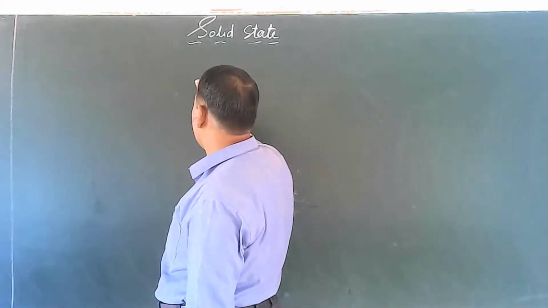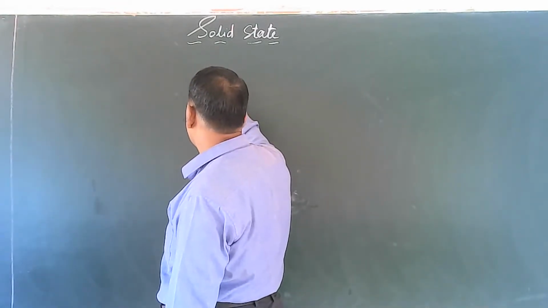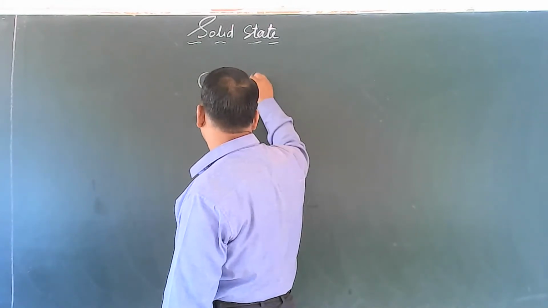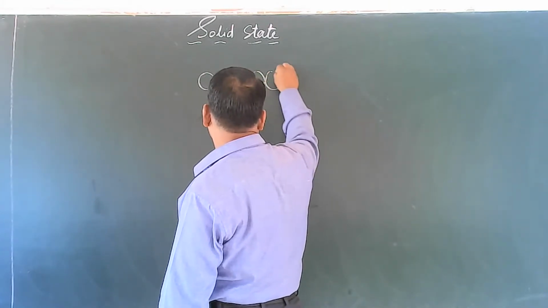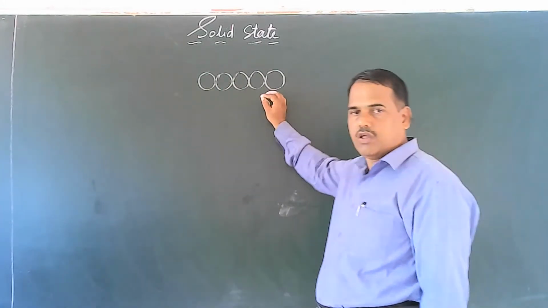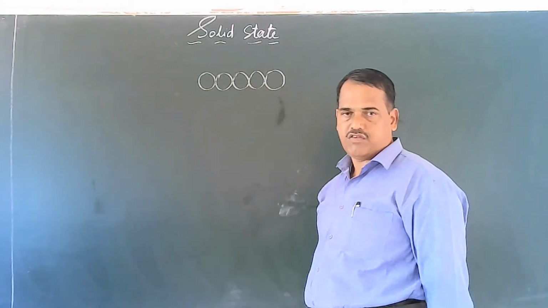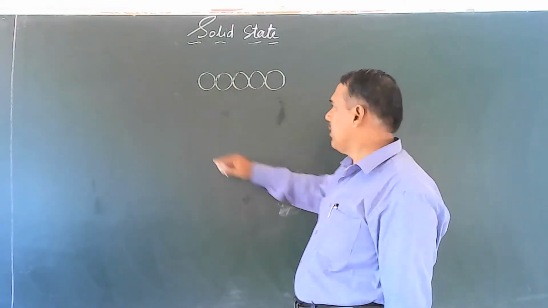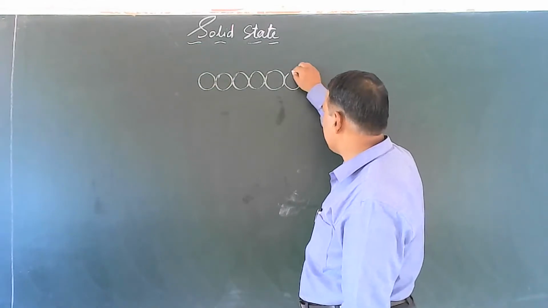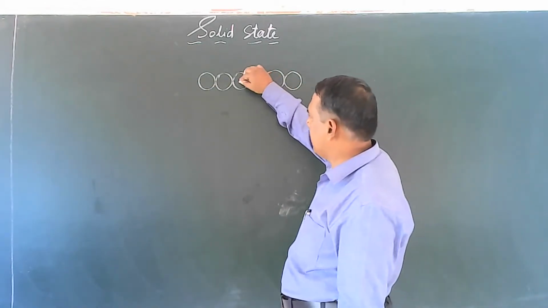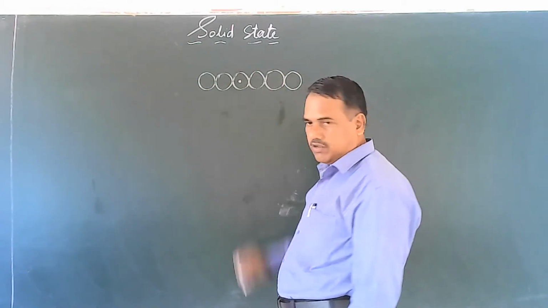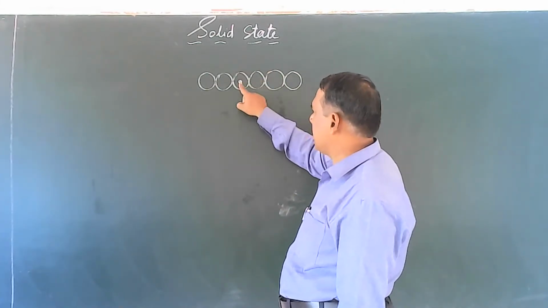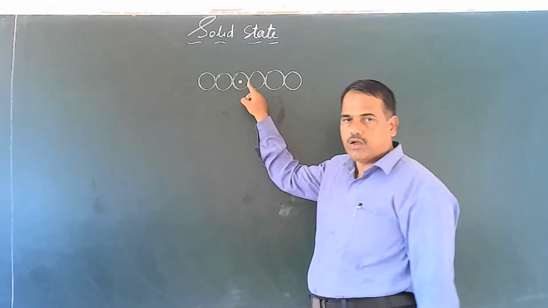Now, see, we will call this a sphere. This is the arrangement of particles. We are assuming the particles are spheres. See, in these closed spheres, you can easily consider this particle. I consider this the center particle.